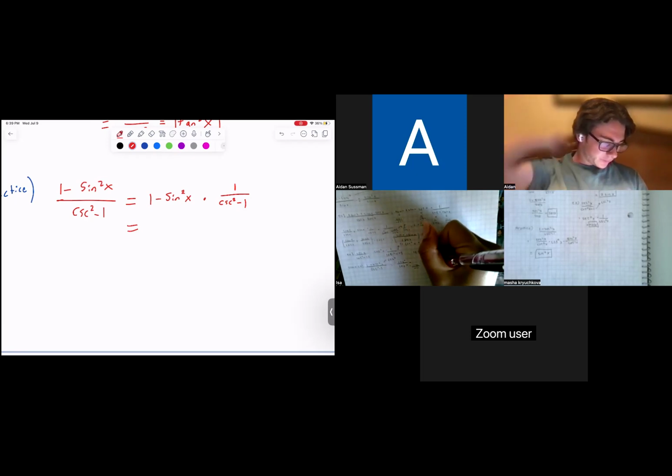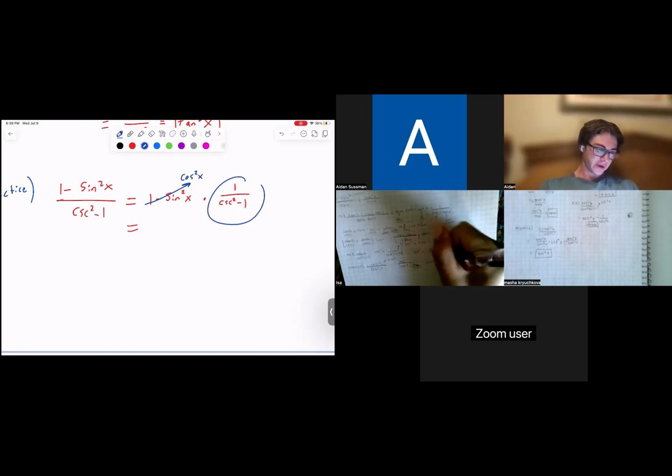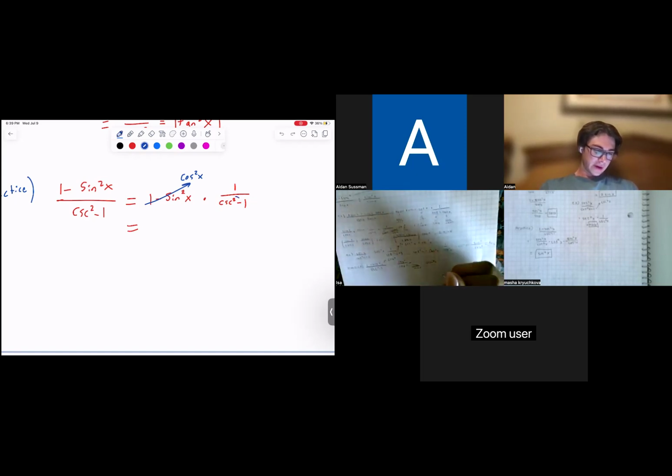I knew that the 1 minus sine squared was cosine squared x. Exactly. And what do we notice about this guy? Maybe down here, I didn't really know how to do that one. That's okay. Does it look kind of similar to this guy? It has the number one, and it's being subtracted from a trig function squared.